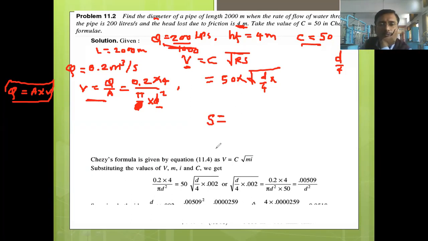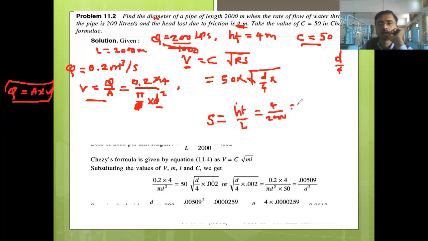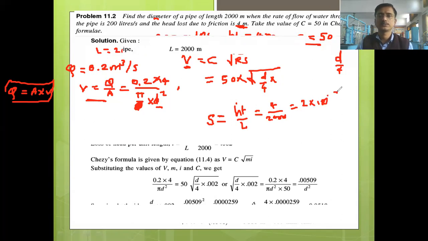HF upon L. बरोबर आहे. So HF is 4 meter, length is 2000. So what will we get here? Divide it, 4/2000. How much does it come? 2 into 10 raised to -3.